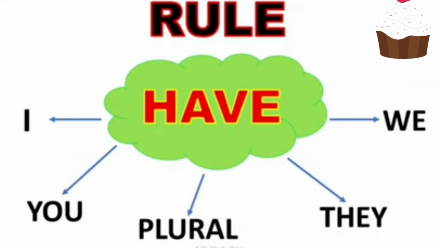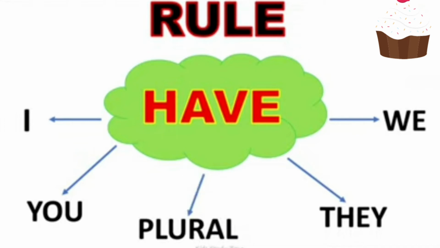Children, we use have with I, you, we, they, and after any plural noun. When we are talking about many people, we write they, and after they we always use have.